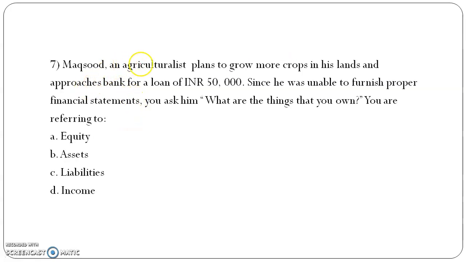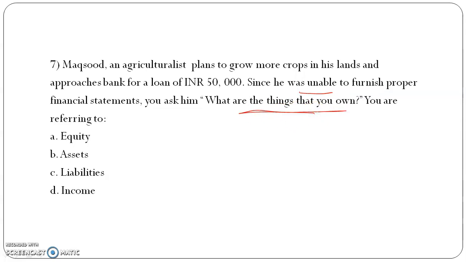Next question, Maqsood, an agriculturist, plans to grow more crops on his lands, approaches a bank for a loan of rupees 50,000. Since he was unable to furnish proper financial statements, you ask him, what are the things that you own?